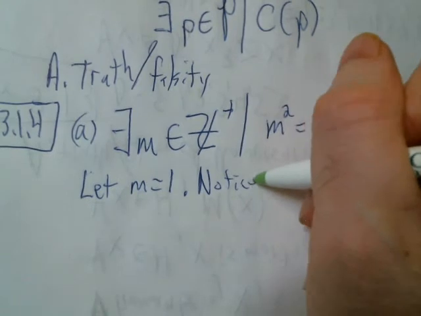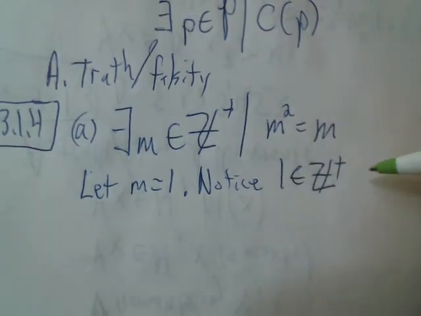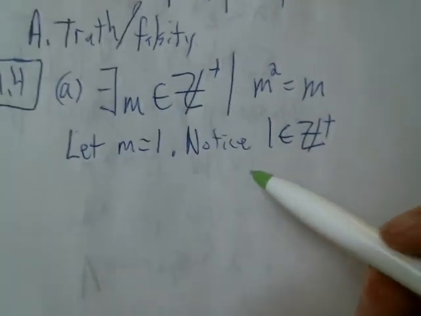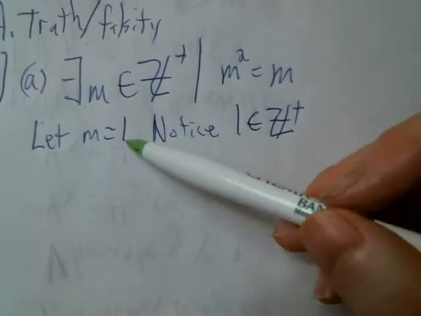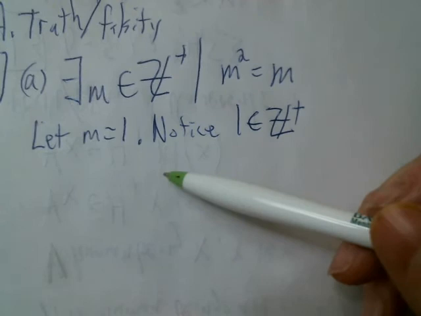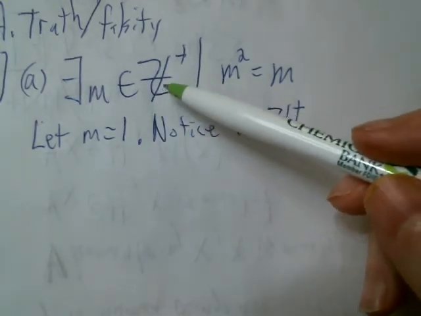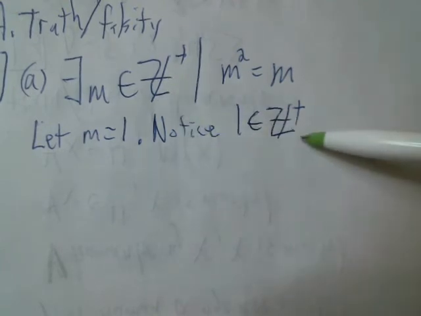Notice 1 is an element of the positive integers, so you have to make sure you're not using some element that's not in here, right? You can't use 0. If you tried 0 and used that as your evidence, it wouldn't work because 0 is not a positive integer. It's in the non-negative integers, or it's just in the integers. So you got to be careful there.